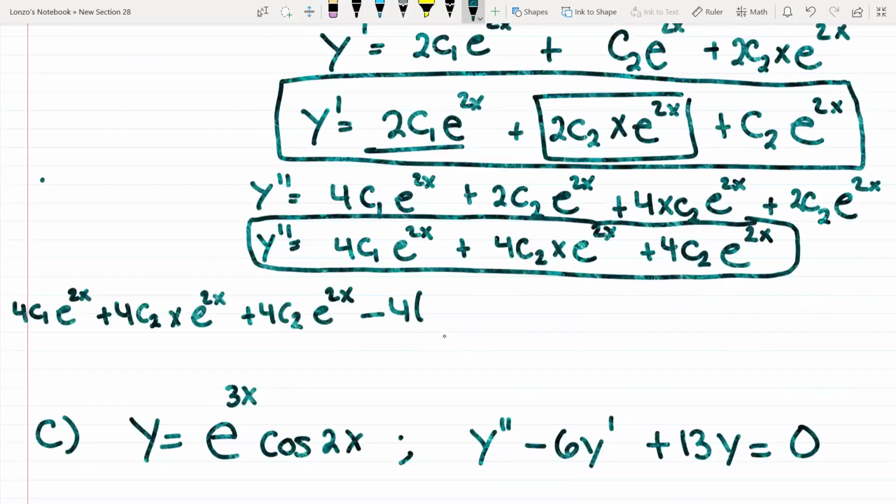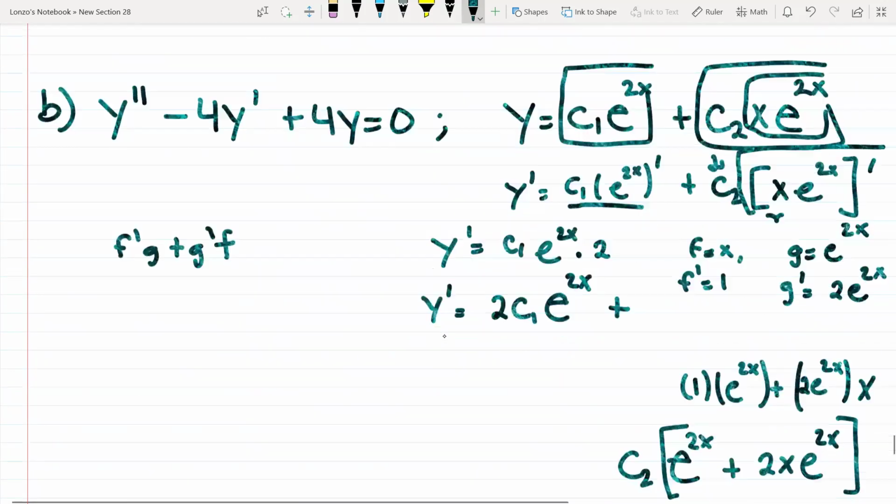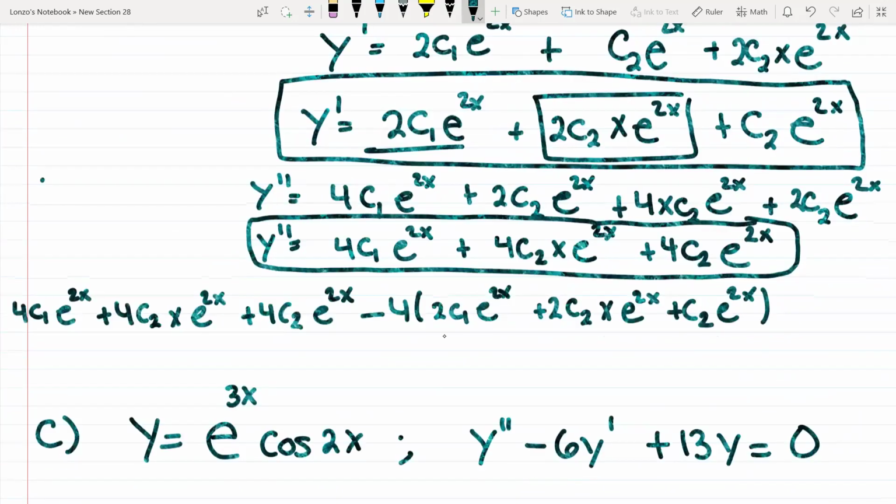So y prime is going to be 2C1 e to the 2x plus 2C2x e to the 2x plus C2 e to the 2x, plus 4 times y, which is C1 e to the 2x plus C2x e to the 2x.